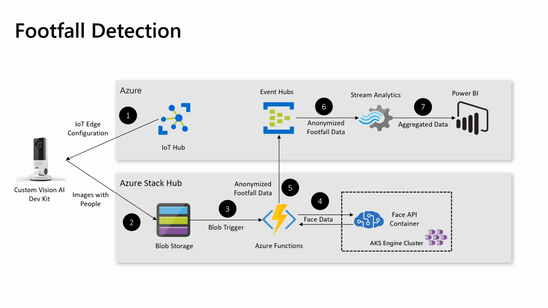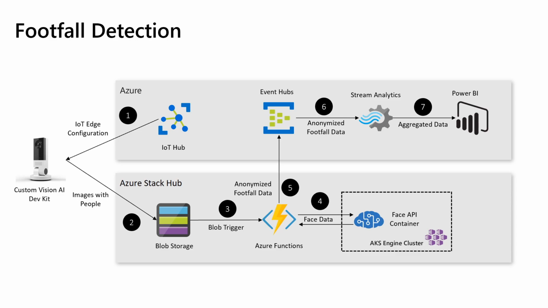First, the Custom Vision AI Dev Kit gets configuration from an IoT hub and installs the IoT Edge runtime and a machine learning model. Second, if the AI model sees a person, it takes a picture and uploads it to an Azure Stack Blob storage.